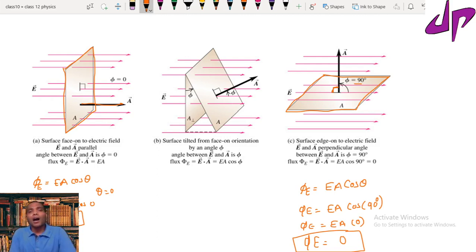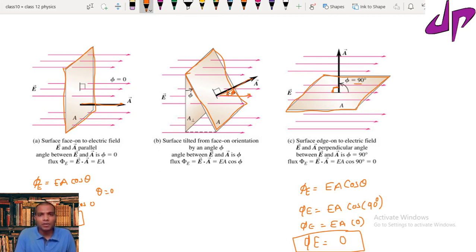Now you take another case which is in between that. Suppose the area made an angle with the electric field lines. So this is the area, it makes an angle phi with the electric field lines. So these are the electric field lines and this is the area.